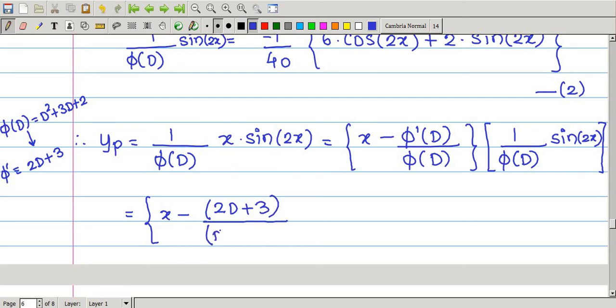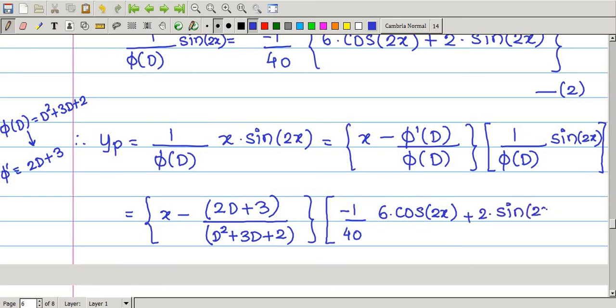Denominator term will be d square plus 3d plus 2 into value from equation number 2, minus 1 upon 40 into 6 times cos 2x plus 2 times sine 2x.